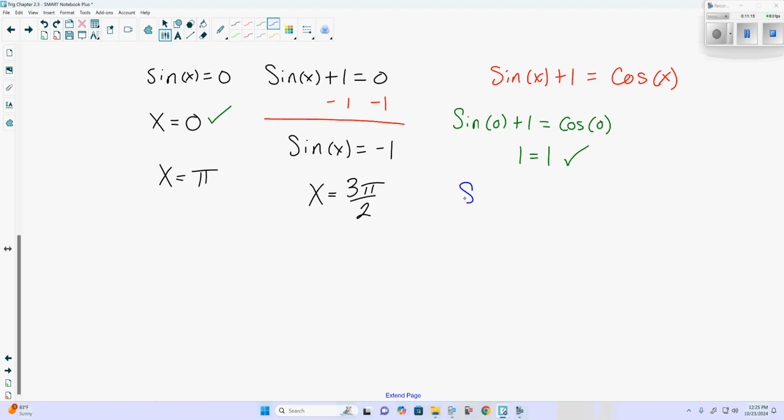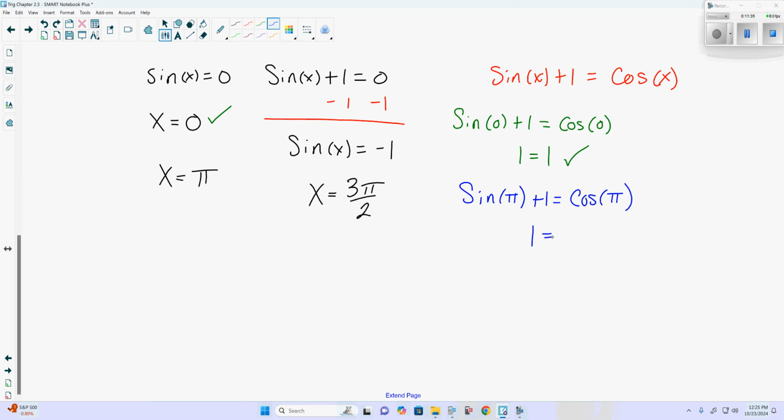Next one we can check is sine of pi plus 1 equals cosine of pi. Interestingly enough, sine of pi is 0, so that just leaves us with 1.